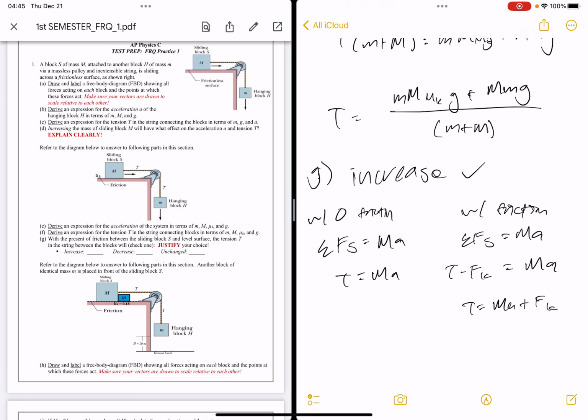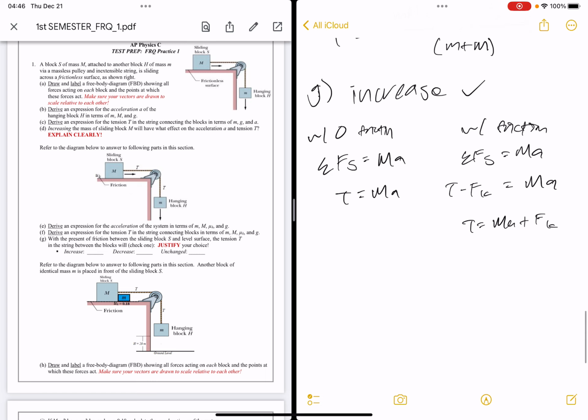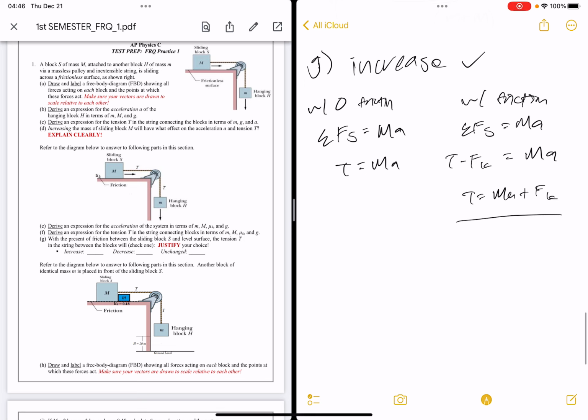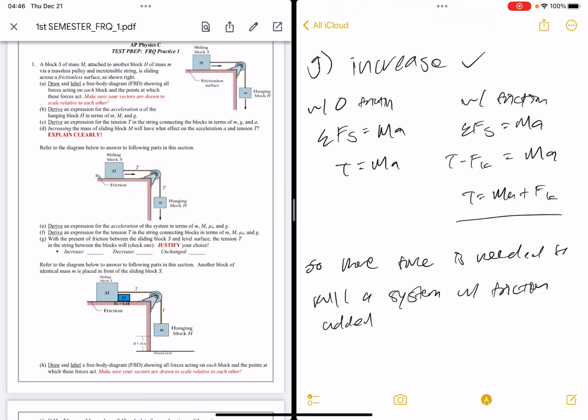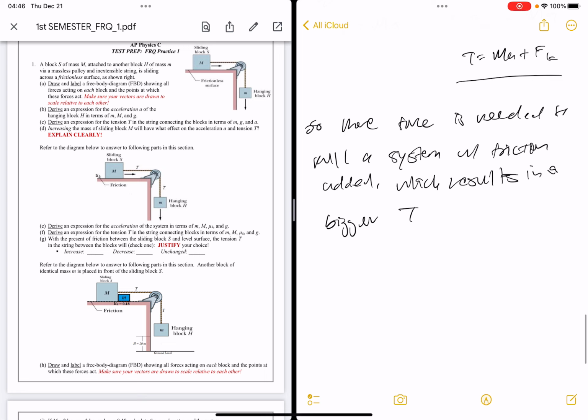So assuming that the acceleration and everything else is held constant, adding friction will actually increase T. Therefore, more force is needed to pull a system with friction added, which results in a bigger tension.